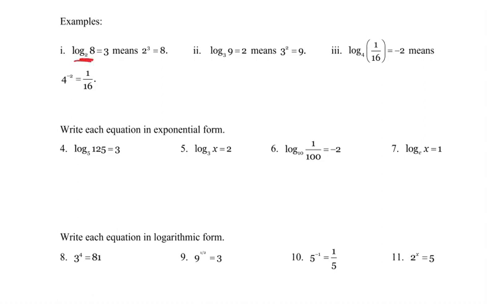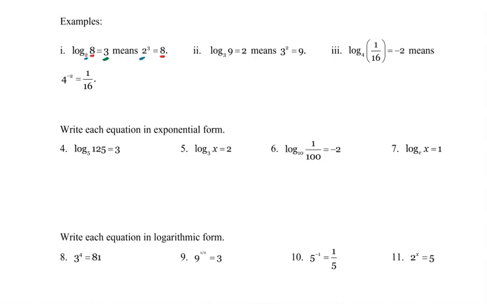This is the exact same as saying 2 cubed equals 8. Those are the same exact thing. So one important thing to notice is that the base is the same. Whatever was inside the logarithm becomes the answer for the exponential.